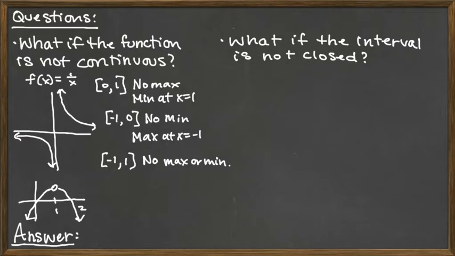Our only problem place, our only place of discontinuity, is at 1. So if the interval includes x equals 1, there would be no global max.